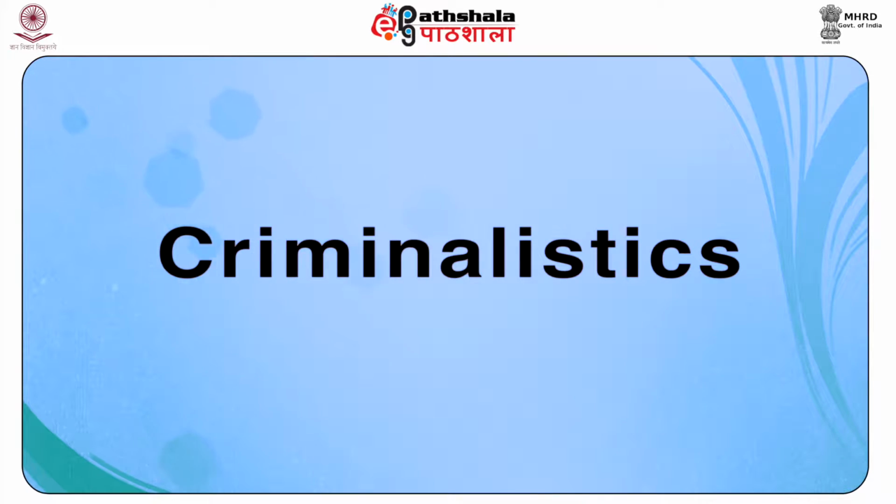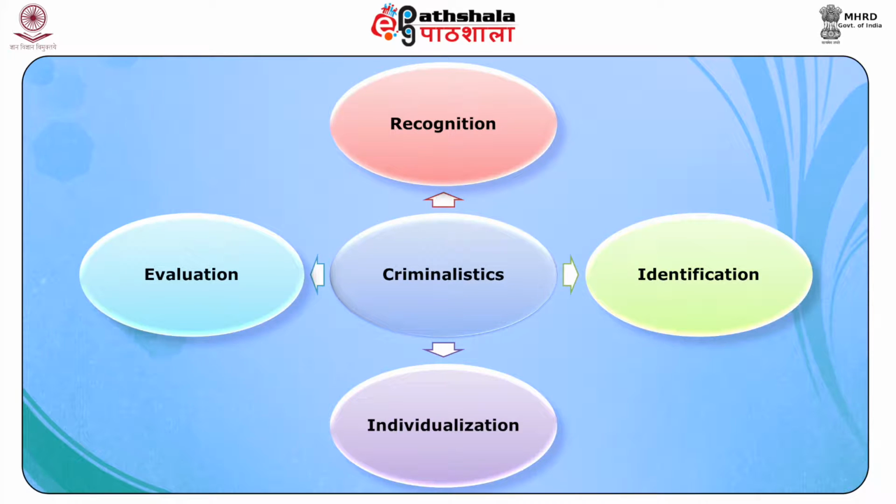First is criminalistics. This branch of science is mainly concerned with the recognition, identification, individualization, and evaluation of physical evidence using the methods and techniques of natural sciences in issues of legal significance.